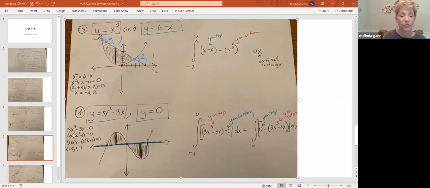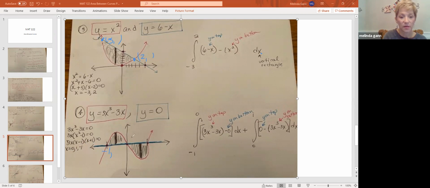I factored out that 3x, and then x squared minus 1 factored more into x minus 1 and x plus 1. So if 3x is 0, that means x is 0. If x minus 1 is 0, that meant x was 1. I solved x plus 1 for 0 and got -1. So apparently right here, okay, let me go get my marker again. Right here, that's going to be the point -1 comma something.